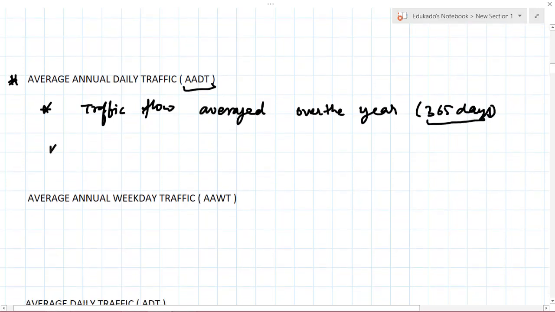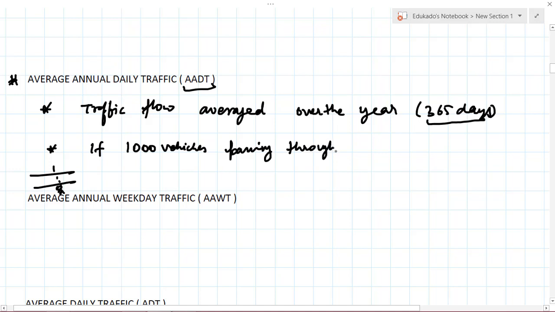How do we calculate it? Again, this is like a road, you are standing over here counting each and every vehicle passing by, and this time the time interval that you're using is not very small, it's like 1 year. Let's go with an example that 1000 vehicles are passing through a given point in 1 year.